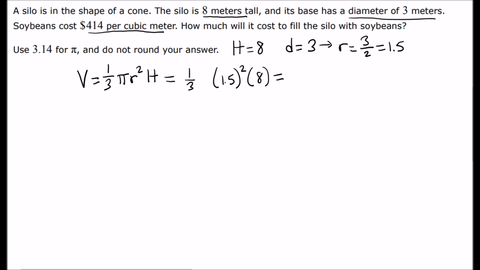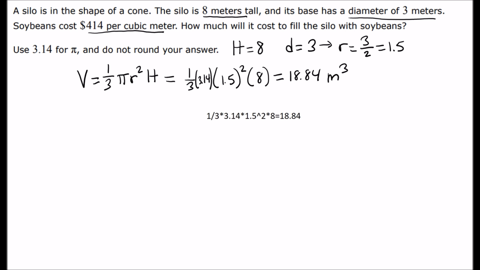So I might as well do that here. Okay, all right, so let's plug it in there and see what we get. So we get 1/3 times 3.14 times 1.5 squared times 8. We get 18.84. And this is going to be cubic meters. And so this is the volume.